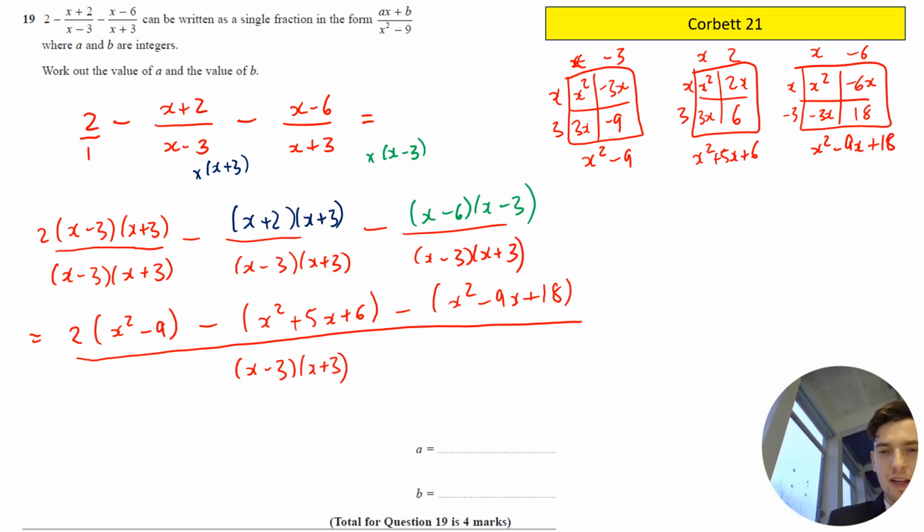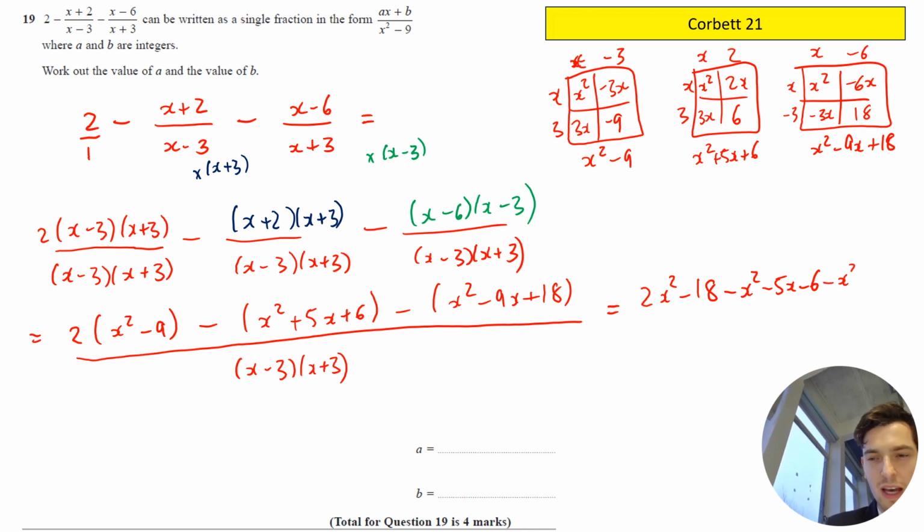Okay, so now I need to simplify the numerator. So I've got 2x squared minus 18. And I'm going to be careful with my negatives here. So minus x squared minus 5x minus 6. And then the next one, minus x squared plus 9x. Because it is negative, it's minus 9x minus 18.